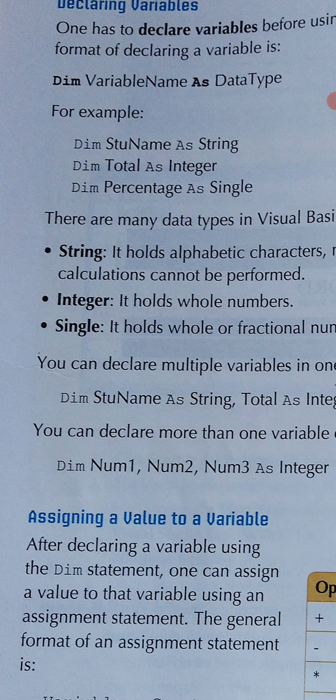Then the third one: Dim percentage as single. Now you have to take out the percentage of that particular student. From where are you going to take out the percentage? From the total. And this percentage has a special character.